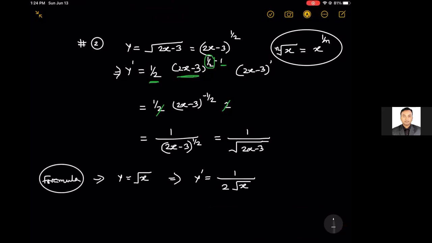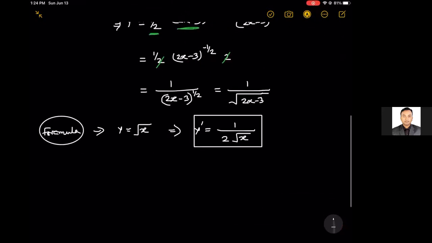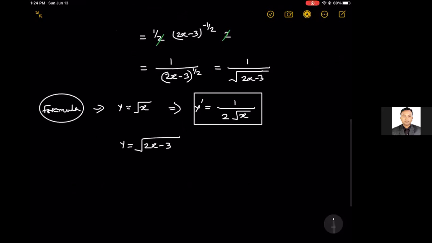All right, let's use this particular formula in our previous problem and see if we get the same result. Okay, so first of all, our y was square root of 2x minus 3. So using this formula, we should get y prime equals 1 over 2, whatever we have in place of this x, right?